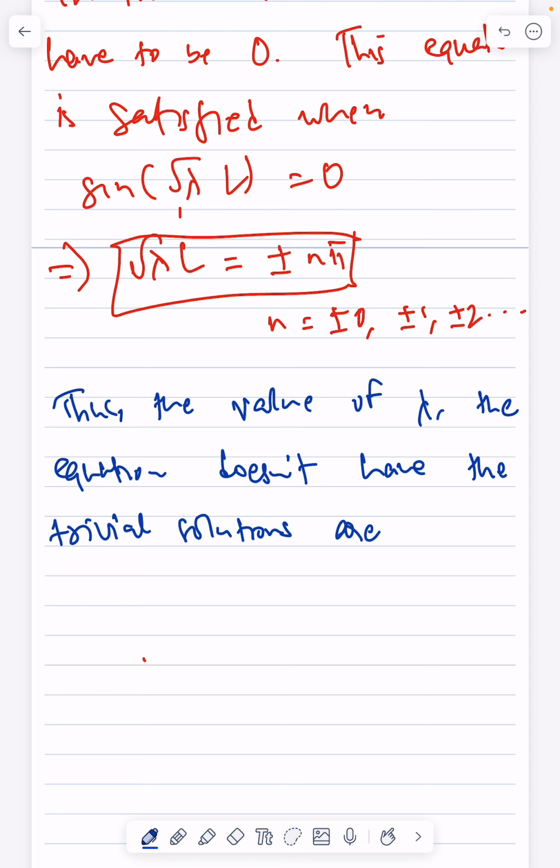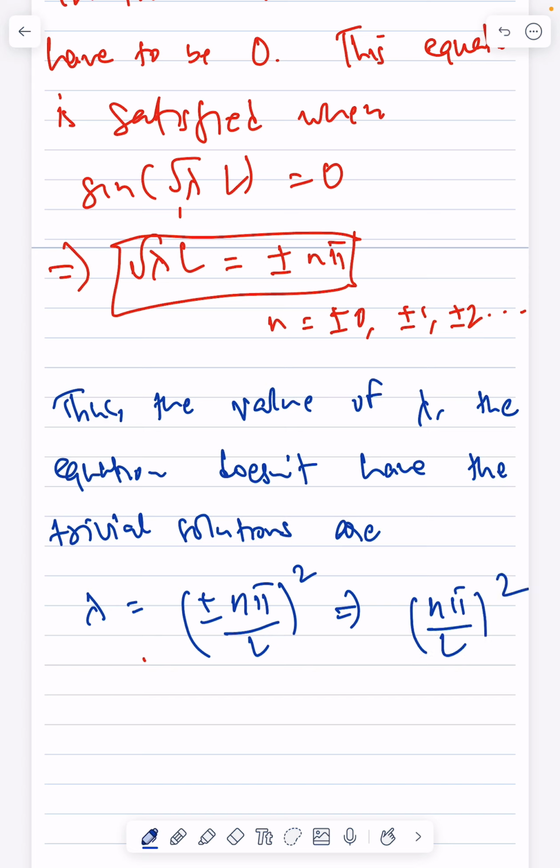The possible values of lambda for which the equation does not have a trivial solution are lambda equal to plus or minus n pi divided by L, whole squared, right? Which just happens to be n pi by L squared, or we can write it as n squared pi squared divided by L squared.